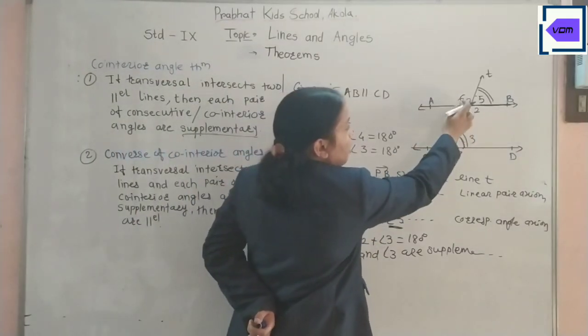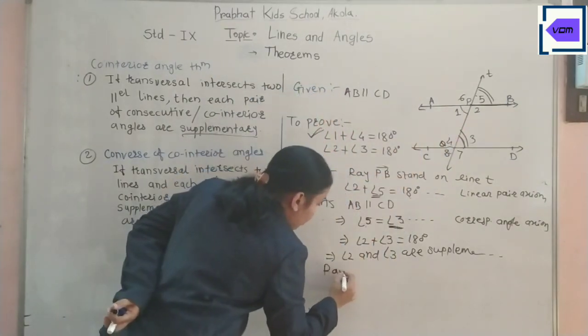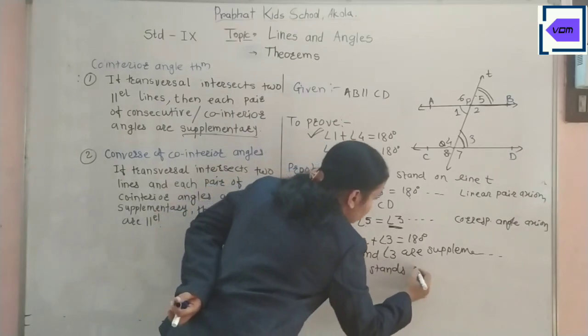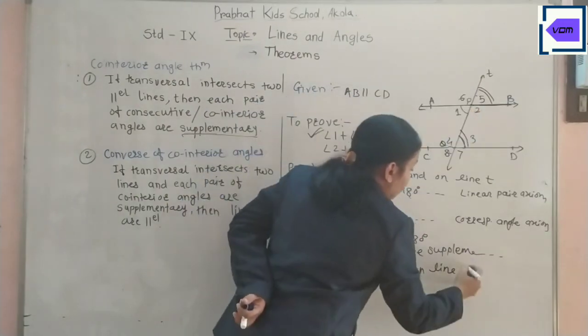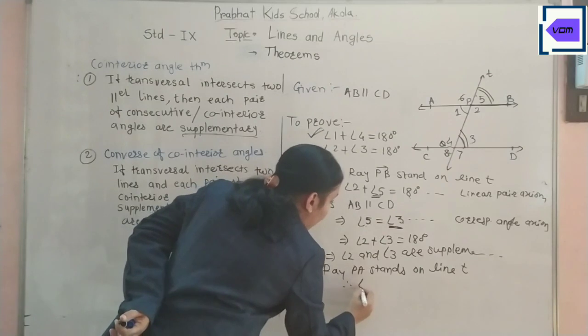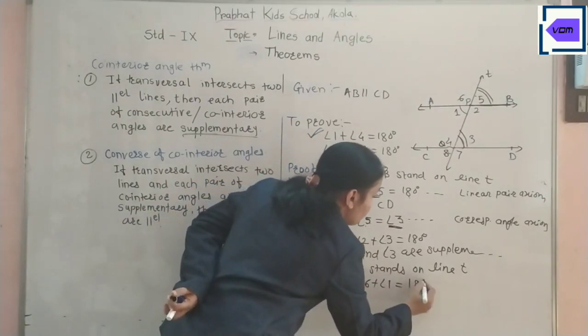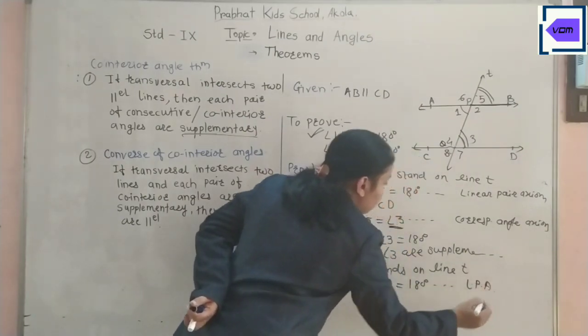Now 6 plus 1, again ray PA stands on line T, isn't it? You have to write this properly. This PA stands on line T. Therefore, angle 6 plus angle 1 is equal to 180 degrees by the linear pair axiom.